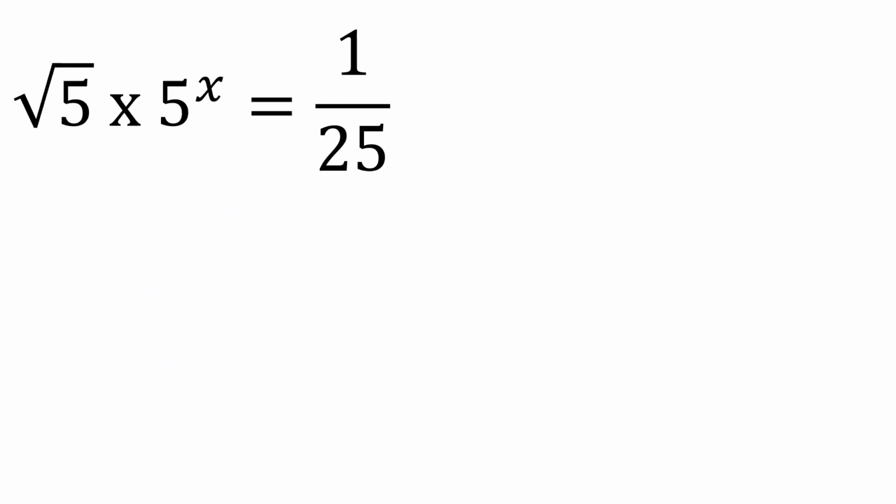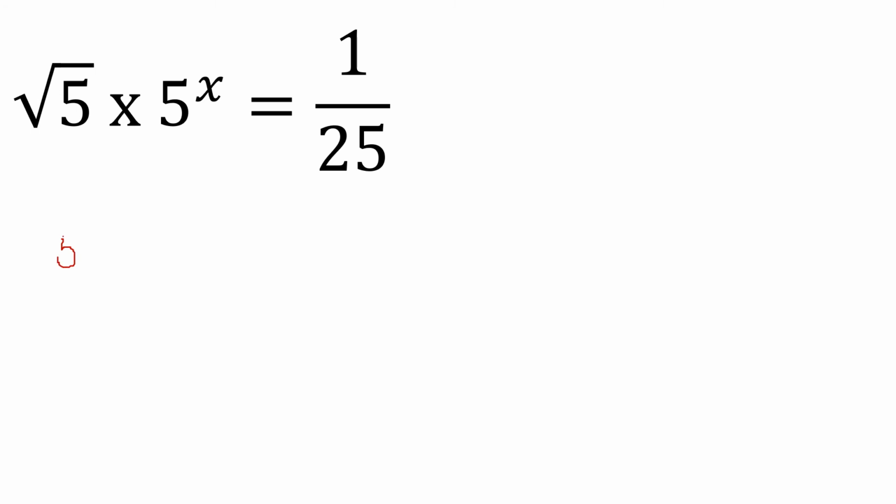Next example, so we've got the square root of 5 being multiplied by 5 to the power of x, which is equal to 1 over 25. So is there a base that is in common with 5 and 25? Yes, first of all, we could rewrite our square root, can't we?